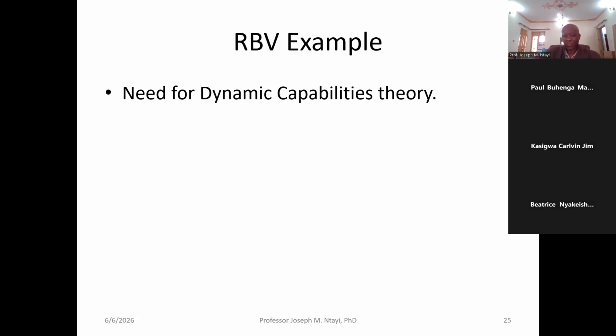So if you're using those resources, then you can actually use the resource-based view in this perspective. That is what it is according to Barney, 1991, and a few other years that come after.